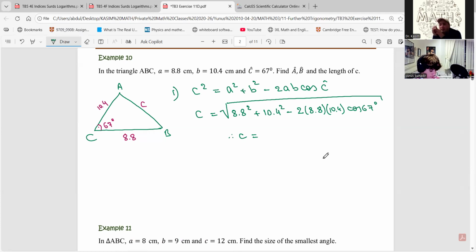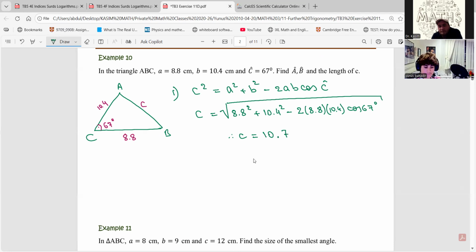Did you get 10.68? Yes. So let me just write one decimal place to simplify our work, it is 10.7. And now either using sine or cosine, we can find the other angles.